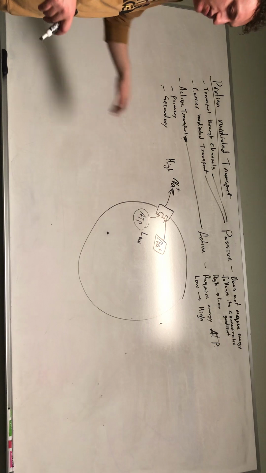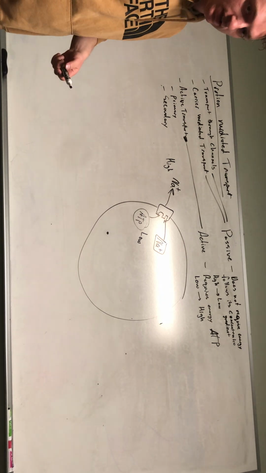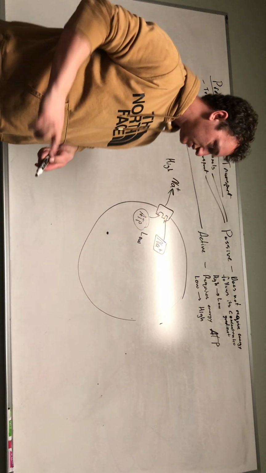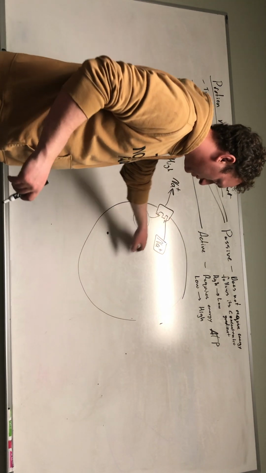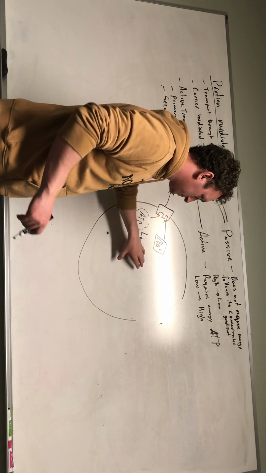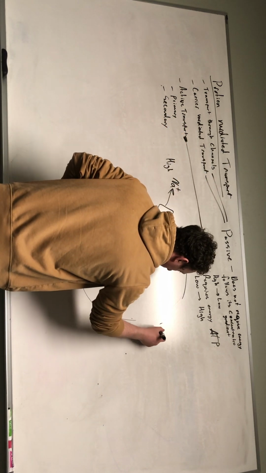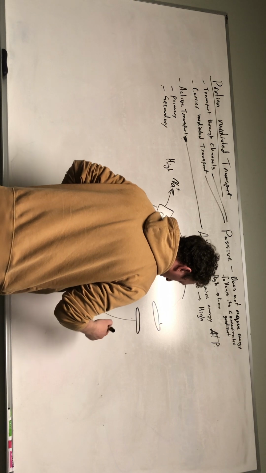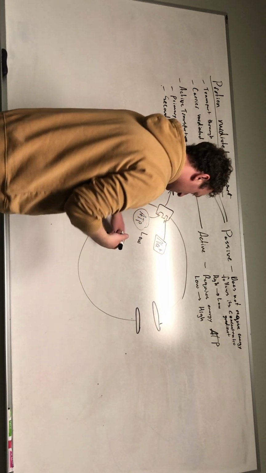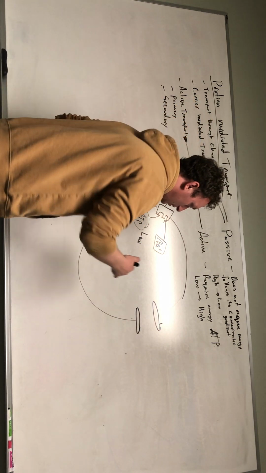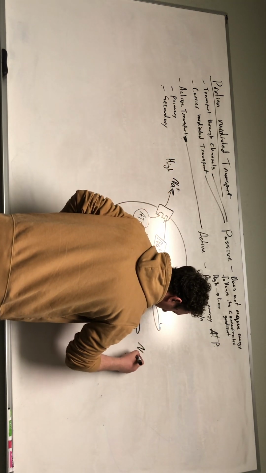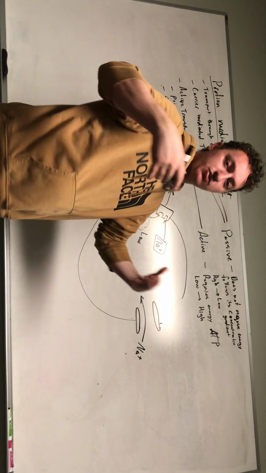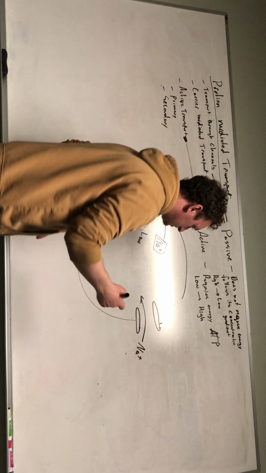Now, secondary active transport is actually kind of a result of primary active transport. Because sodium is low in here, your sodium molecules are going to want to come into the cell because it's low. When they do that, other molecules can kind of hitch a ride into the cell.